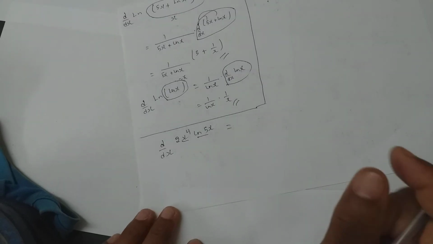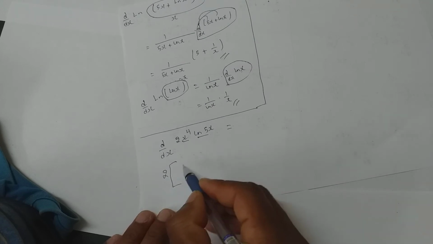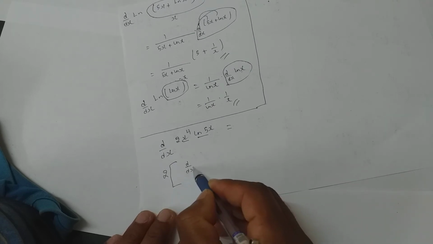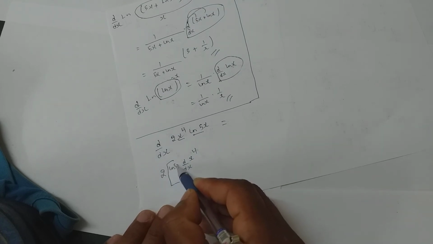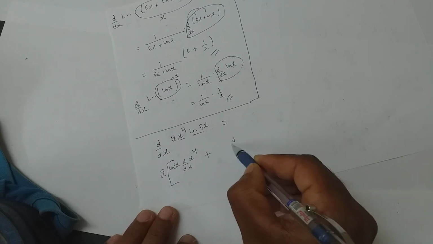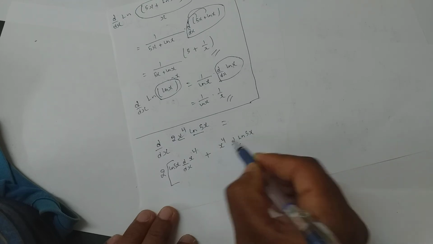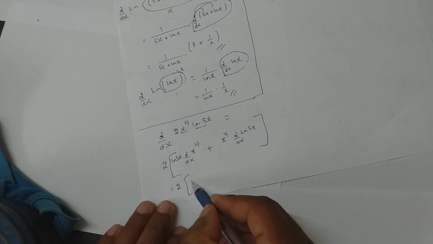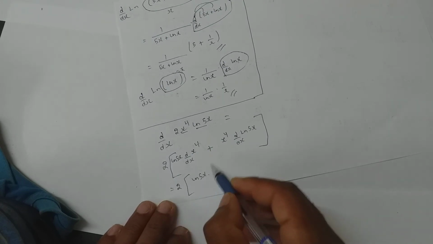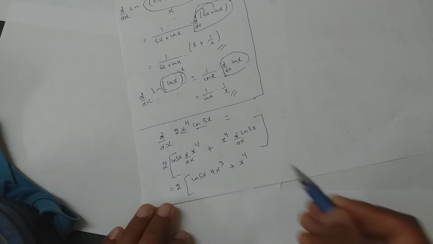Differentiate one at a time. The number will be out. If I differentiate x power 4, then ln 5x outside, plus if I differentiate ln 5x, x power 4 outside. So it becomes 2 into ln 5x into 4x cube, plus x power 4.